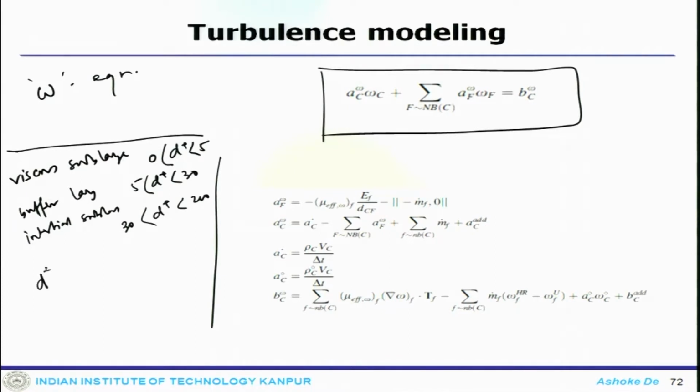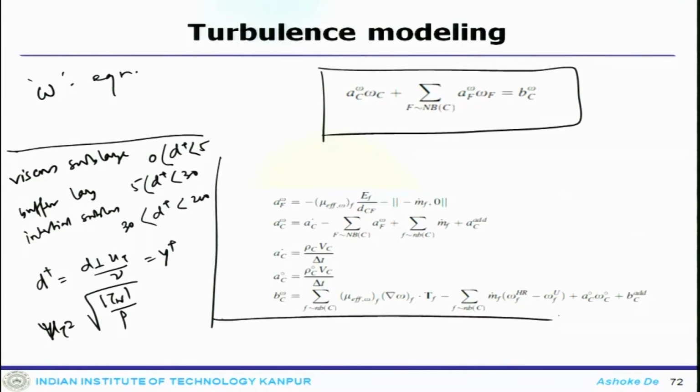And d plus is estimated like that: d, the perpendicular distance, times u tau by nu, which is y plus, and u tau is nothing but the square root of tau at the wall by density, and d is the normal distance to the wall. So, that is how you can calculate.